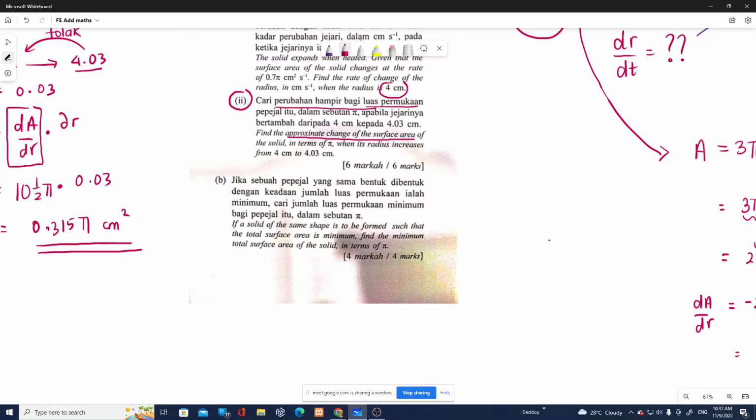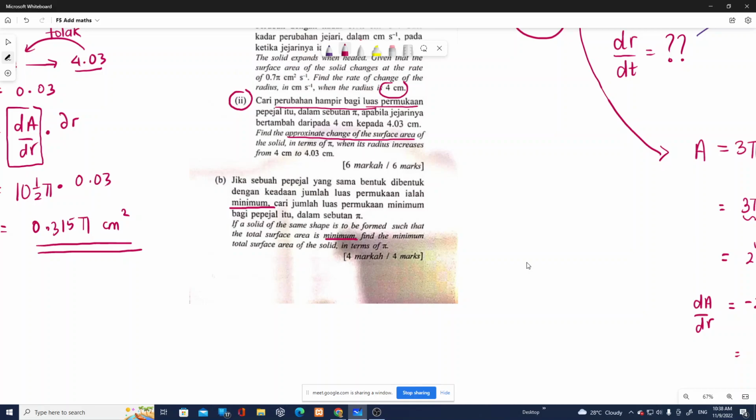So, minimum. Maximum and minimum, apa syarat yang penting? Is it d square y over dx squared more than 0? Bukan. Okay, for maximum minimum, untuk soalan yang melibatkan maksimum ataupun minimum, kamu kena buat pembezaan d something over d something, kena samakan dengan kosong, must equal to 0.